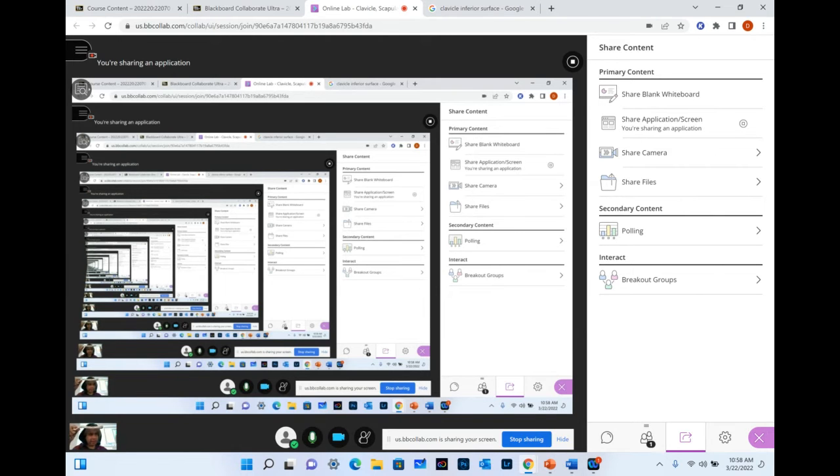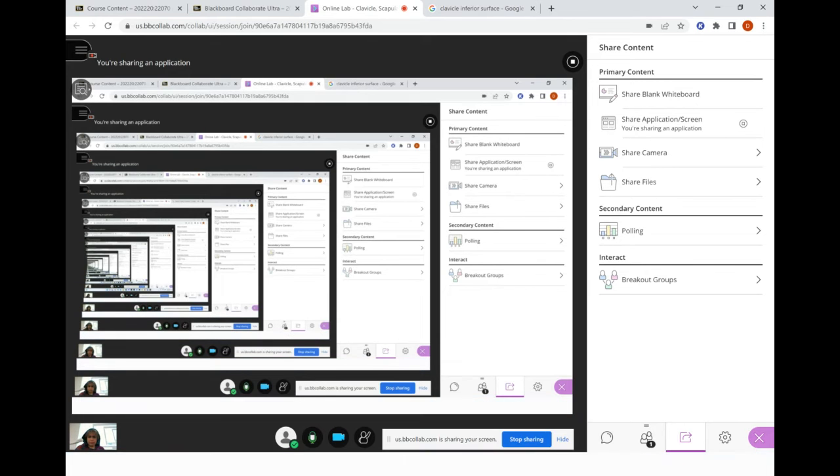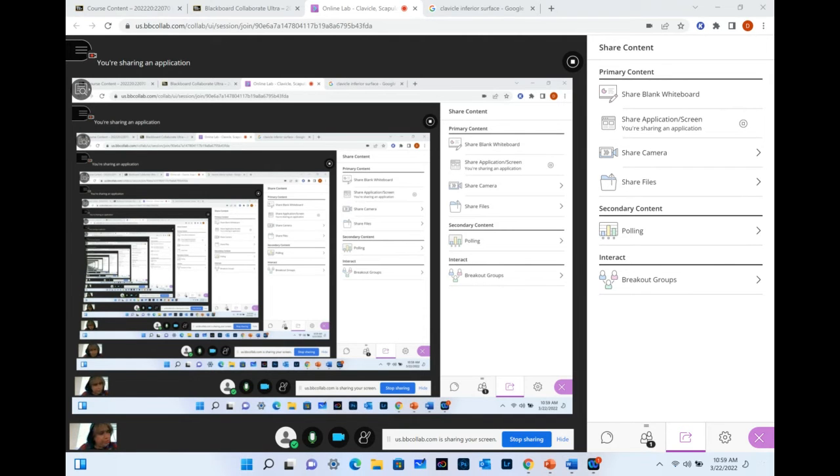Okay, the next thing we are going to do is scapula. So let's go to the scapula, and I am going to vanish.